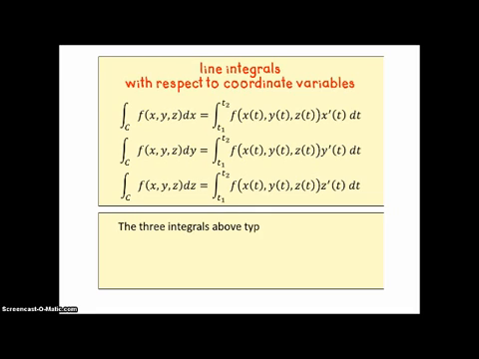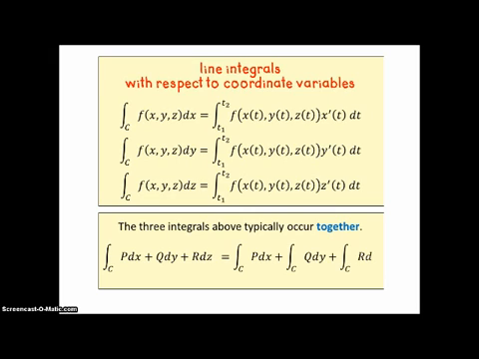Now the 3 integrals above typically occur together, and so what we do is we have the 3 changes separated, where P, Q, and R are the individual functions of x, y, and z. And so what we can do here is take the P function times the change in x plus the Q function times the change in y plus the R function times the change in z, and separate those into three separate integrals.